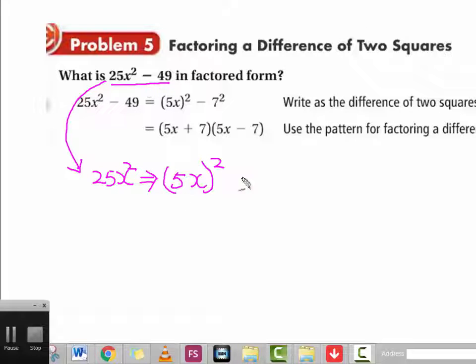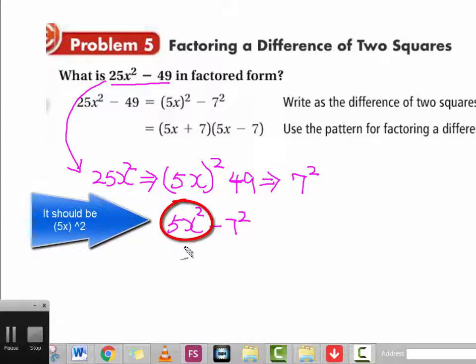And then we're going to change the 49 into 7 squared. Now we have 5x squared minus 7 squared. And then we make use of the difference of two squares formula, and we end up with 5x plus 7 times 5x minus 7. Done.